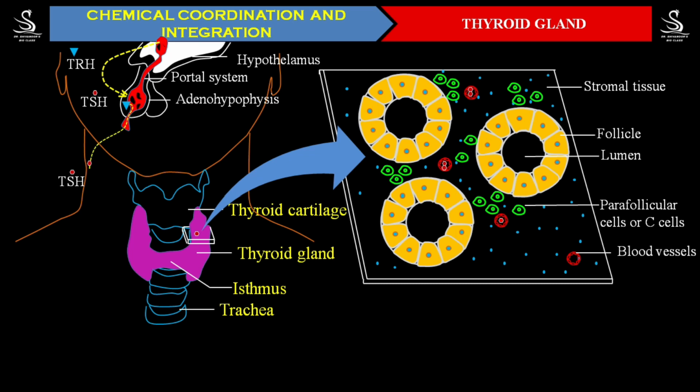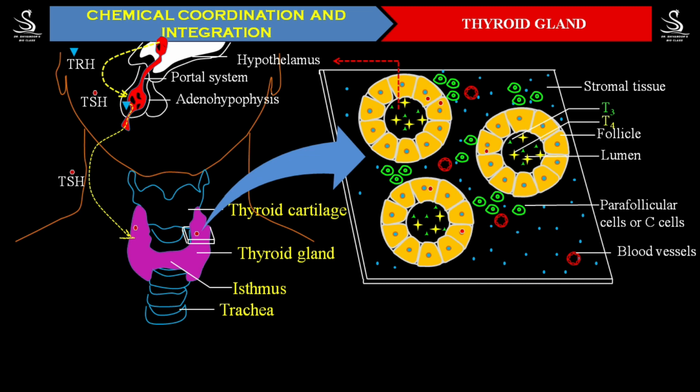This thyroid stimulating hormone goes through the blood and acts on the follicular cells, because the thyroid follicles are the only cells which have receptors for thyroid stimulating hormone. Look at the sectional view of the thyroid gland now. The TSH comes through the blood and acts on the follicular cells. In response, the follicles secrete two different types of hormones: T3 and T4.